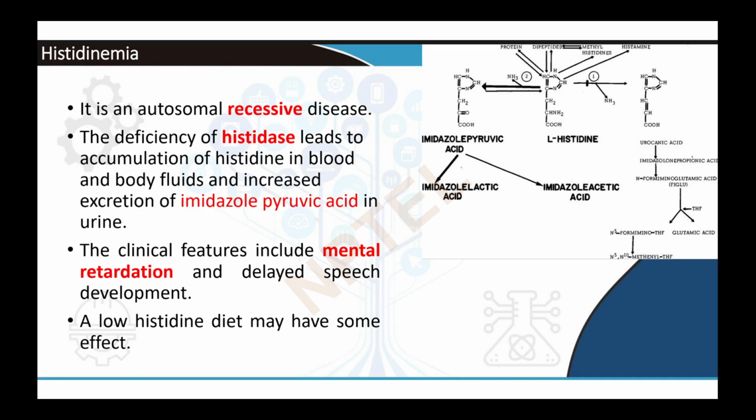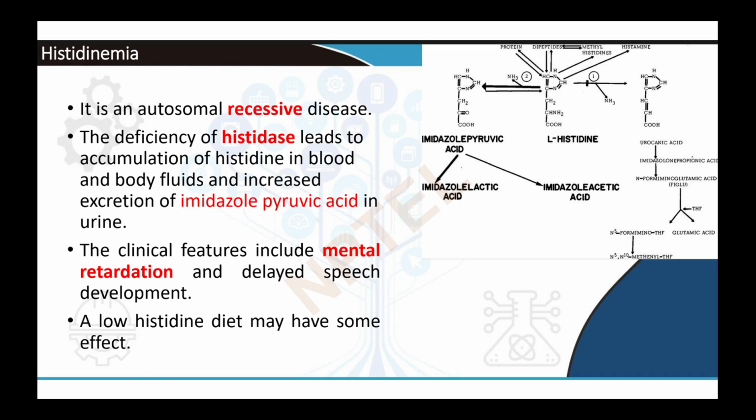So it's an autosomal recessive disorder, and the deficiency of histidase leads to accumulation of histidine in the blood and body fluids and increased excretion of imidazole pyruvic acid in the urine. Clinical features include mental retardation and delayed speech development. A low histidine diet may have some effect.